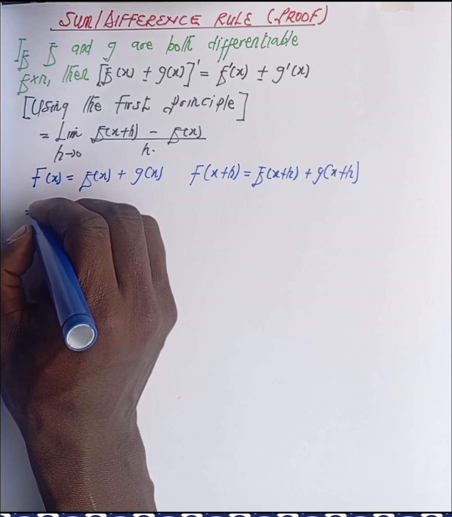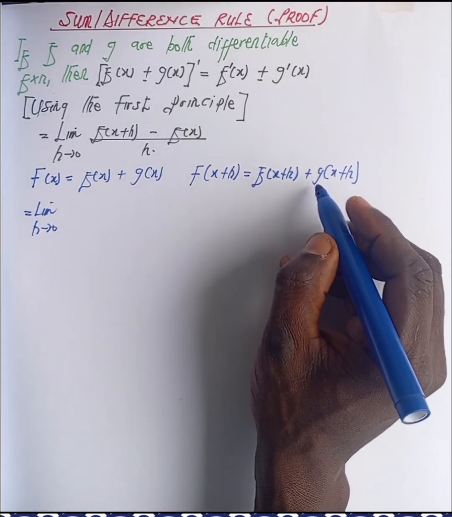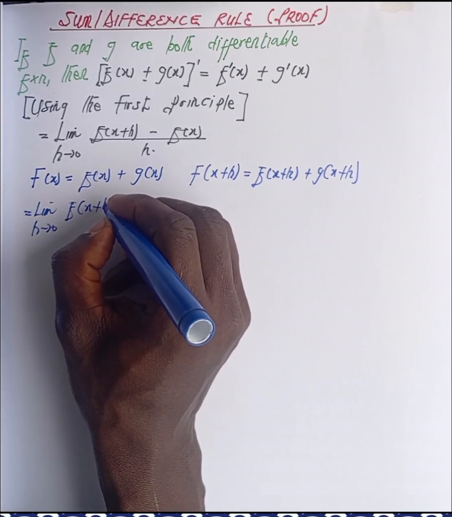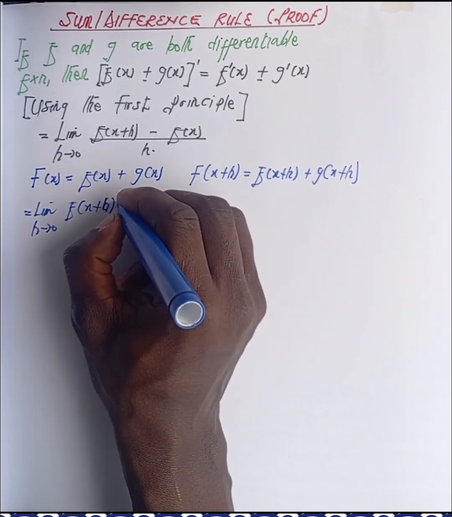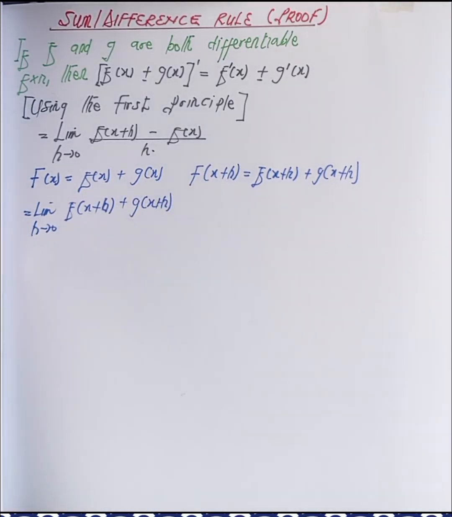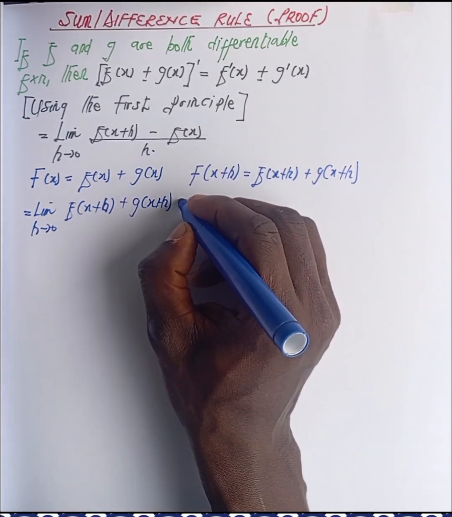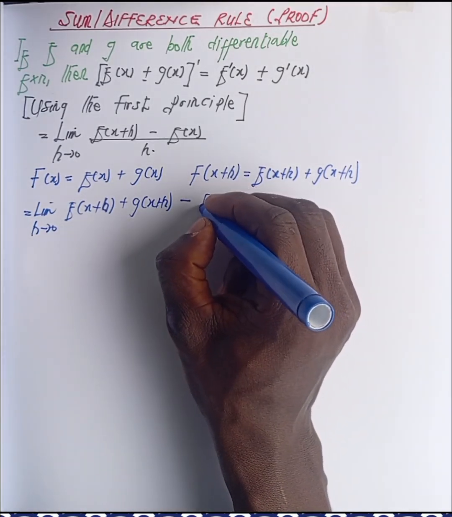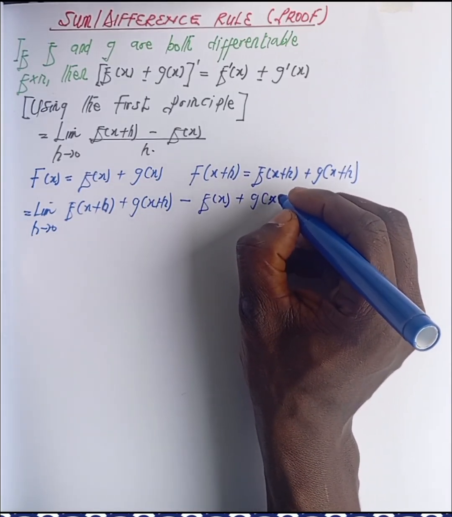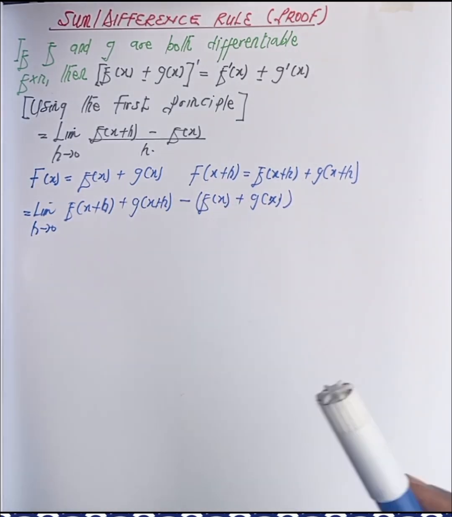So we know that the limit as h approaches 0 of F at x plus h, which is this one, so we are getting f of x plus h plus g at x plus h, and then we move on to F at x, and we know that our F at x is equal to this, minus f at x plus g at x, and all this is over h.